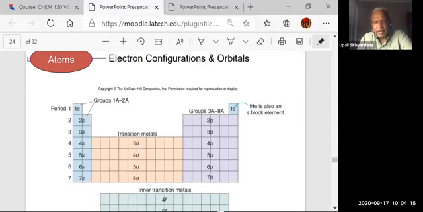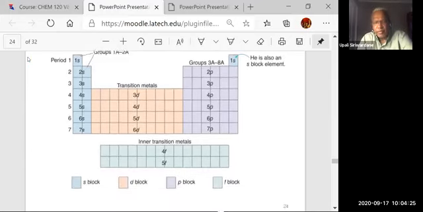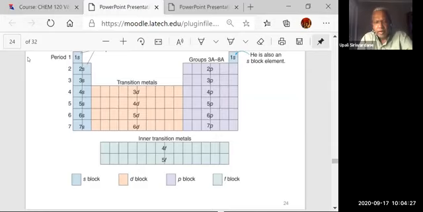Other elements, 3A to 8A, groups 13 to 18, are added to p orbital. And inner transition elements, lanthanides and actinides, the last electrons are added to f orbital.